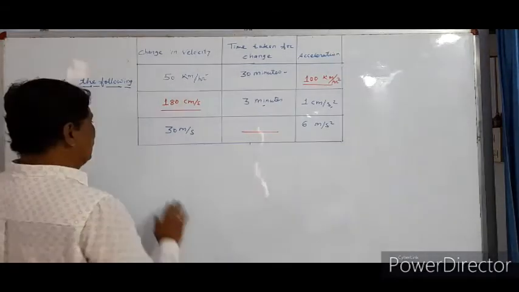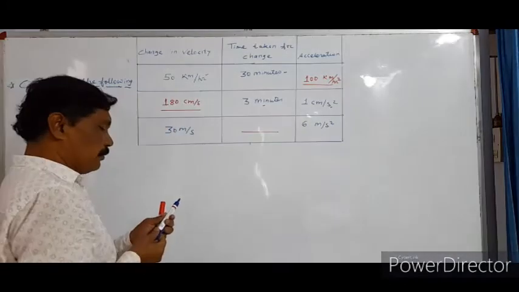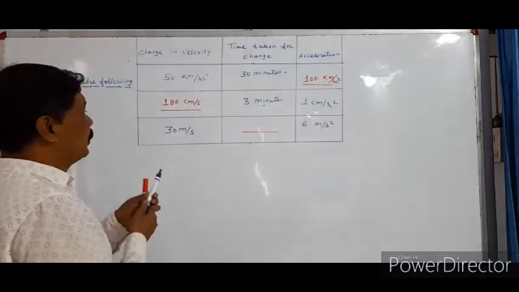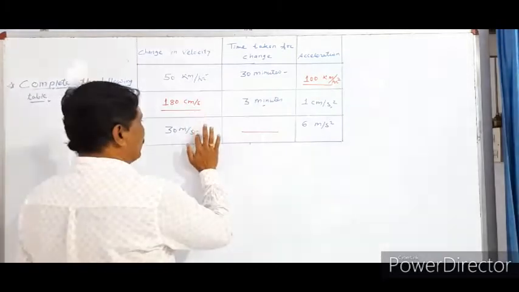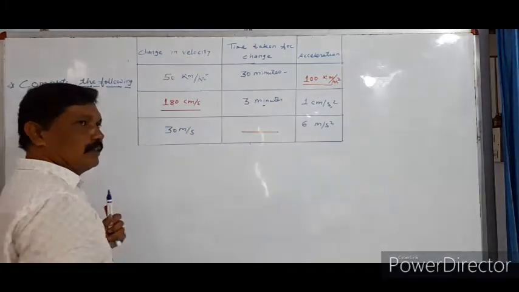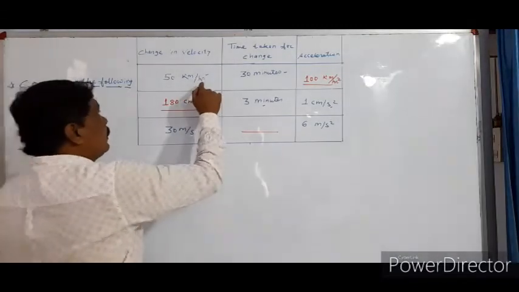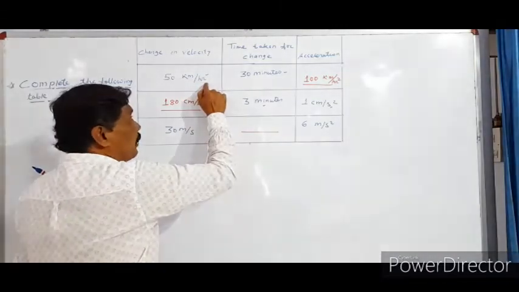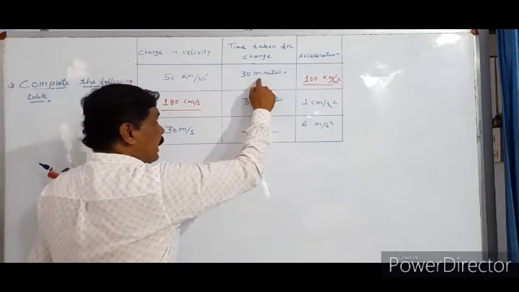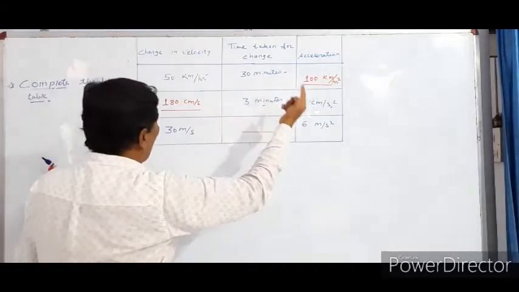Now, if we see the third example and consider the unit, what will you see? The unit is same, meter per second, meter per second. So time is in second, time is in second. So we don't have to change the unit. In the first case, time was given in hour and here time was given in minutes, so we converted these minutes into hour.